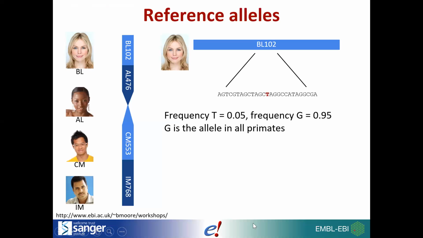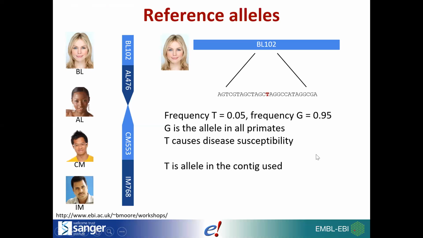And then if you look further in evolution, G is actually the allele in all primates, so it is the historically original allele, and this T is just a human-specific variant that is in a small number of people. And even if we know that this T in this position causes disease susceptibility, so that it's disease associated and increases the risk for something, still it is the reference allele because it's what we had in the data.